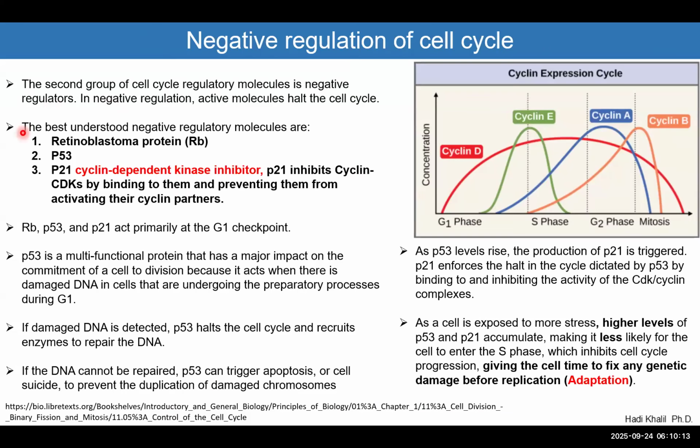Now, what are those proteins? There's one of these proteins that you already know. This is the retinoblastoma protein. Another example, I'll give you three examples, there are many more: p53, sometimes called TP53, which is a tumor suppressor, and then p21, which is a cyclin-dependent kinase inhibitor.